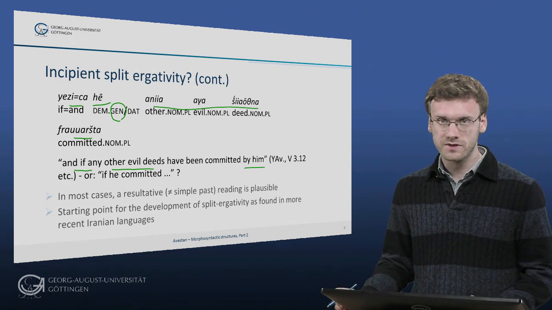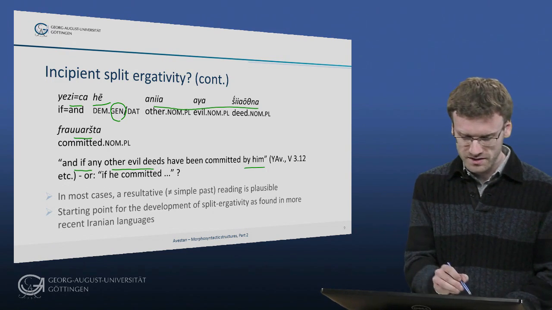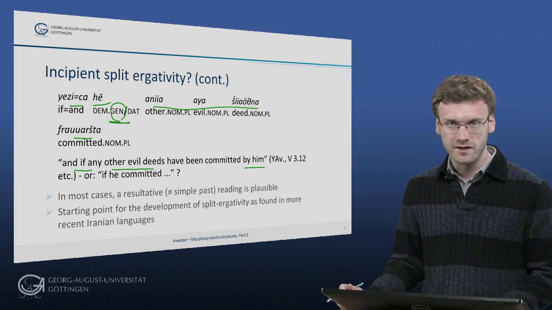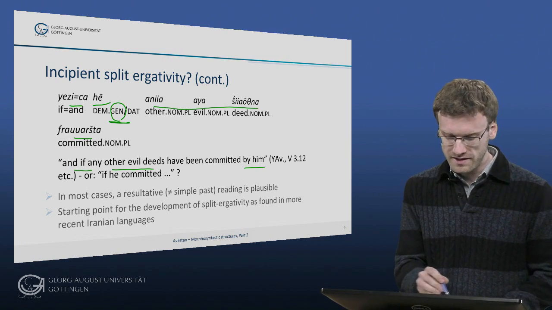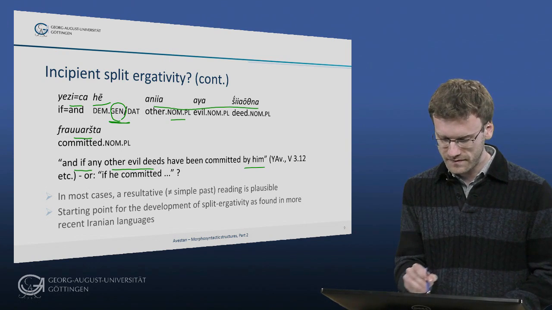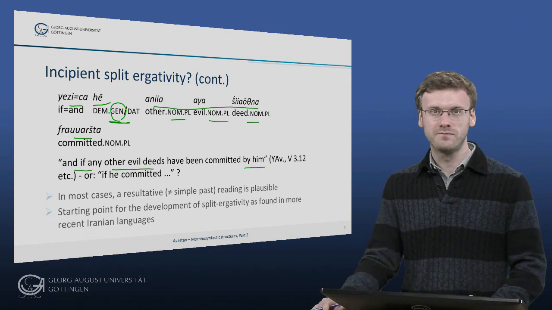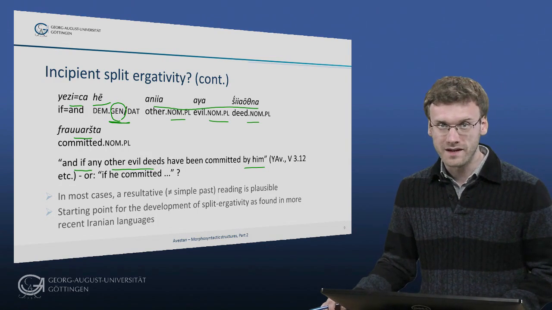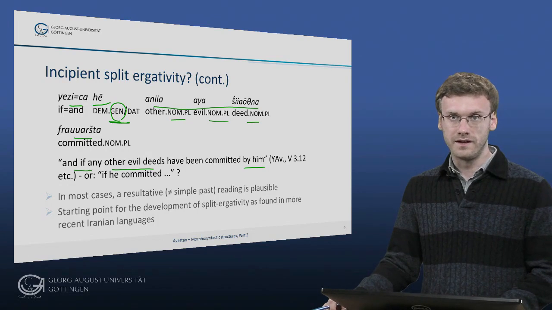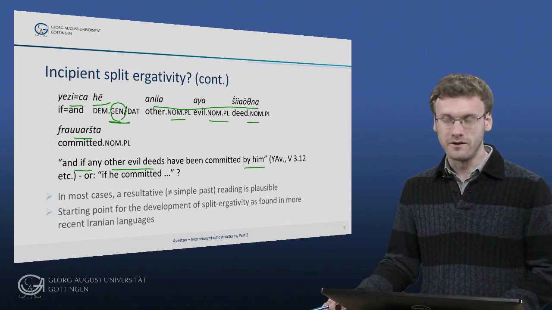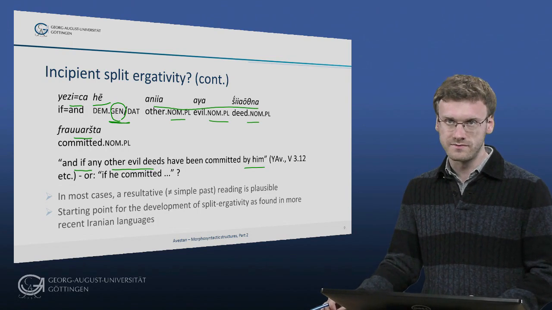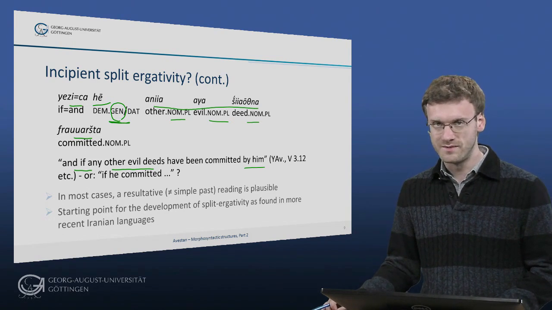In other words, do the genitive-dative marking of the agent, hē, and the nominative marking of the patient, anya arəšiiaoθna, in fact represent the marking of an ergative and absolutive case within a system of ergative alignment in the past tense?